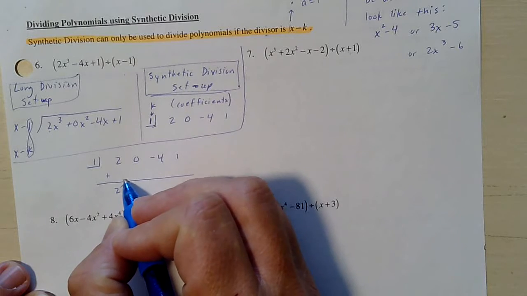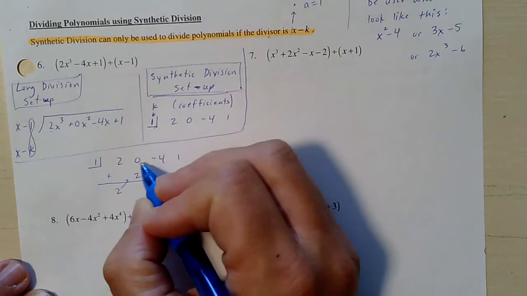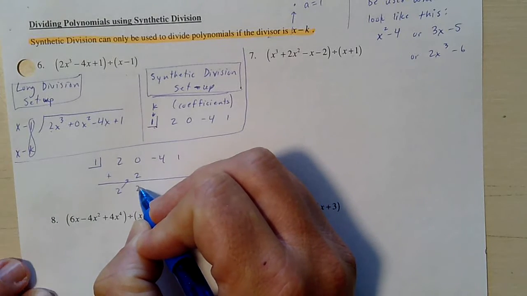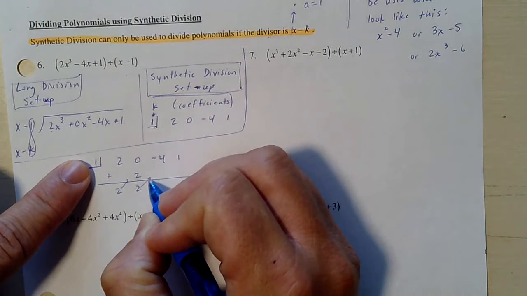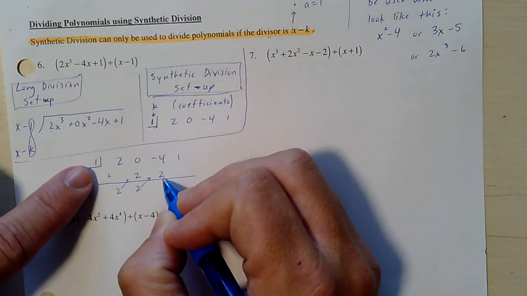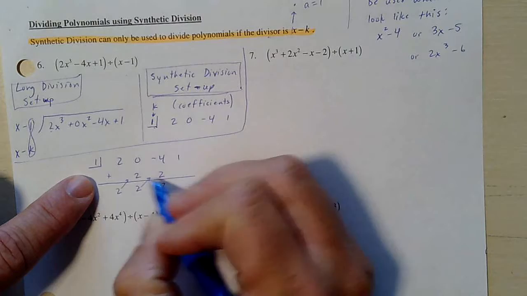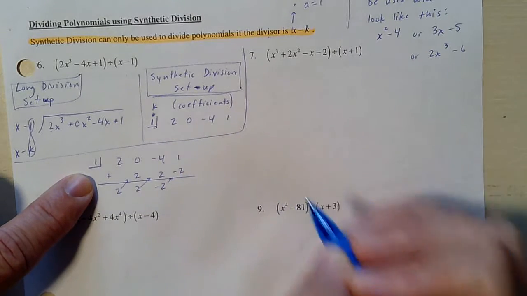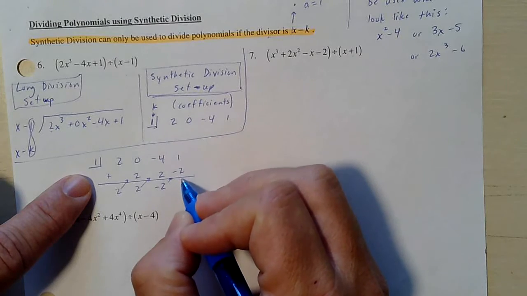So 2 times 1 gives me 2. And do it again. Add going down, 2. 2 times 1 when I come back up here. It's 2. Add going down. So now I get negative 2 and multiply again to get negative 2. Add going down.